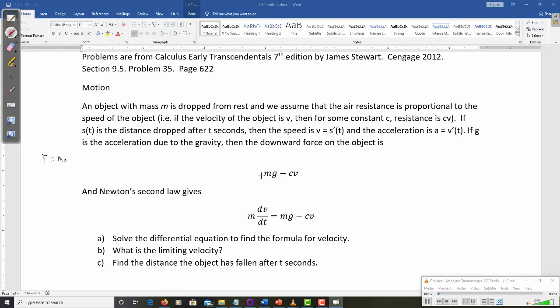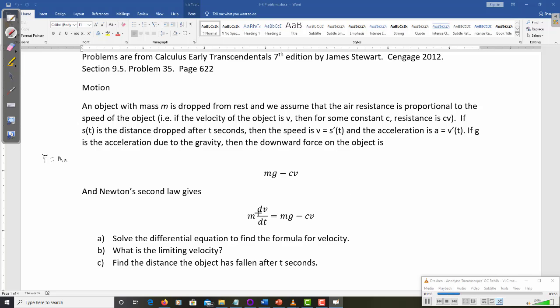So the downward force on the object is the force due to gravity minus the resistance, and mass times acceleration equals the net force. Alright, so we've got three parts to this problem. Part A: we want to solve the differential equation to find the formula for velocity.